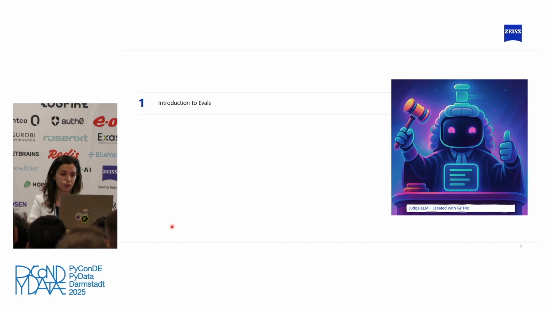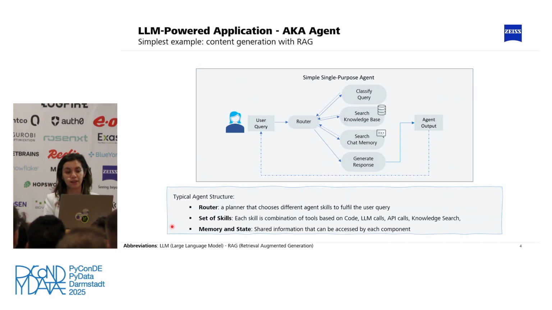First of all, when we are talking about LLM-powered applications or agents, what are we talking about? In order to give you an intro, let's focus on a very simple use case, a single purpose agent with RAG, retrieval augmented generation. It looks something like this: the user sends a user query, and then the agent gets triggered.